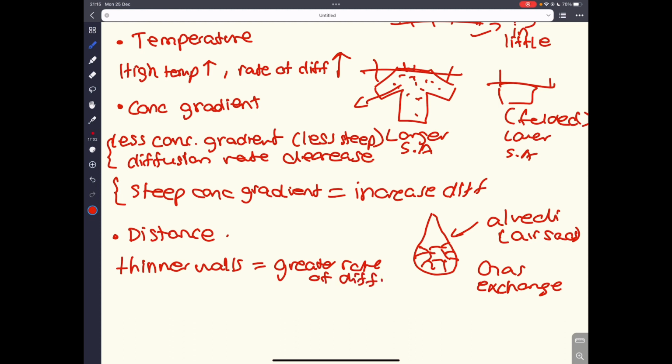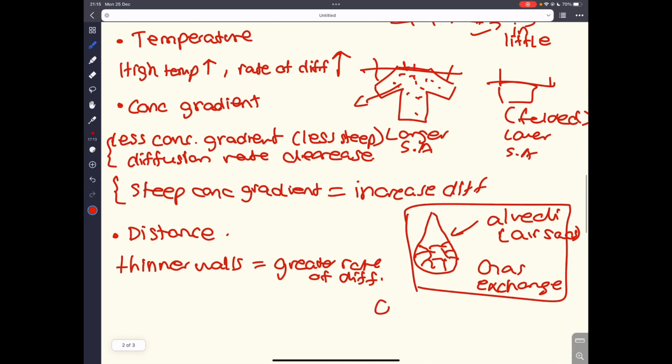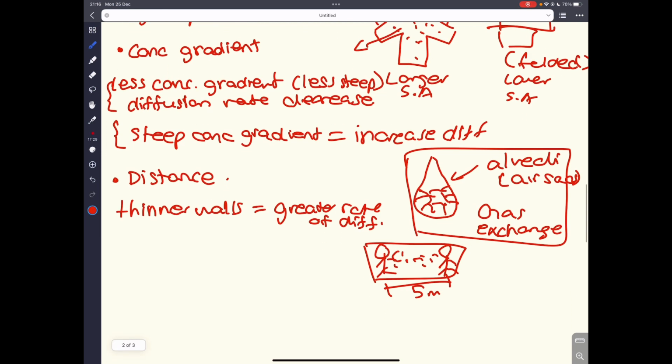Now you could also use the perfume analogy for this as well, if you are not clear with this alveoli analogy. So the perfume, right? You are standing in one corner of the room, and the room is 5 meters long, and you spray the perfume. And if your friend stands on the other side of the room, from the moment you spray the perfume, your friend is going to smell it faster because the rate of diffusion is faster.